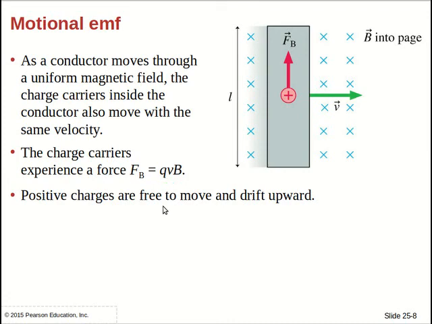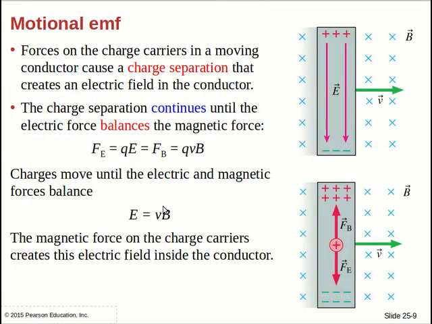Positive charges therefore move upward, and at the same time, as the plus charges move up, we can envision that negative charges move down. In reality, the electrons move down to the bottom in such a way as to leave several ions at the top. So it still ends up with plus charges on the top and electrons on the bottom if the only charge carriers are electrons.